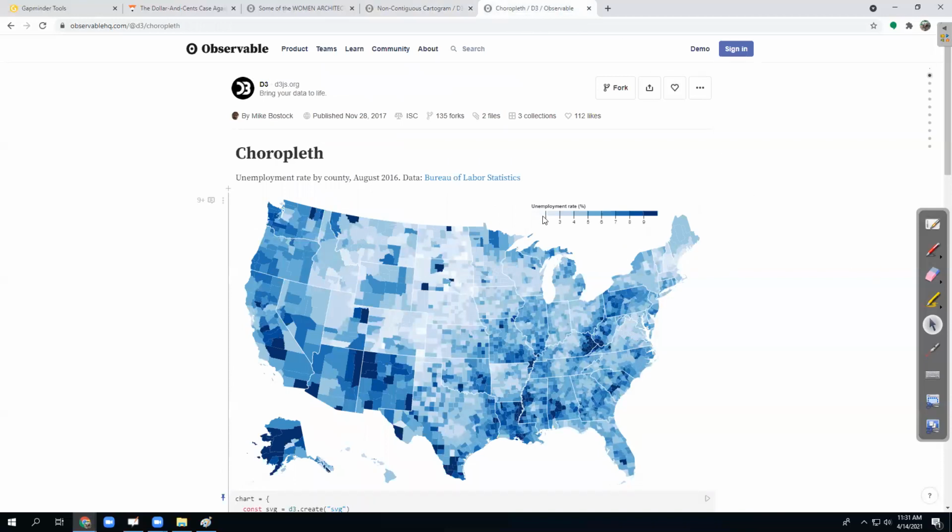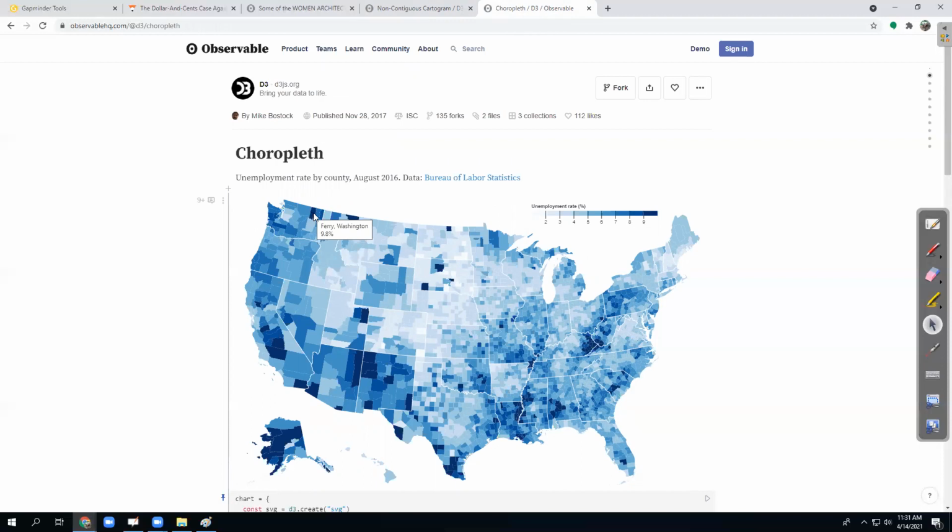Next one's kind of similar to that. This graph has a color scale about unemployment back in August 2016. If you point to a given region, here's Umatilla County where I am right now. In 2016, the unemployment rate was only about 5.9%. If we look at Washington County up here, very Washington, 9.8%, much higher.